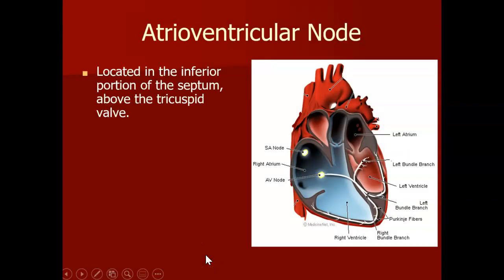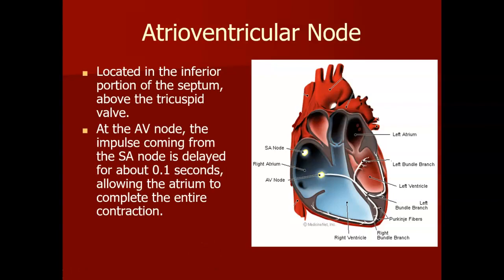So once we travel through those pathways, the electrical signal will hit the atrioventricular node. This is located again in the inferior part here of the septum, right above the tricuspid valve. At the AV node, the impulse coming from the SA node is actually going to be delayed for a second.